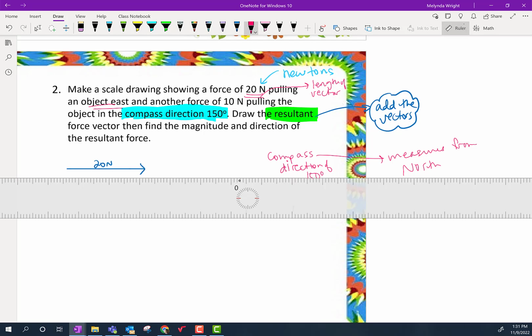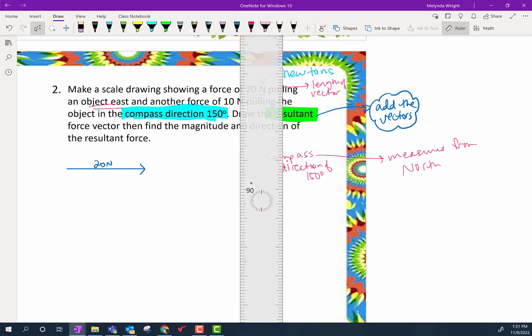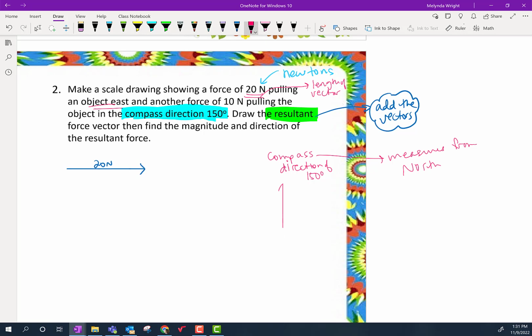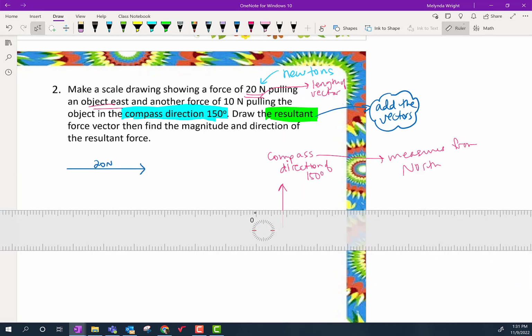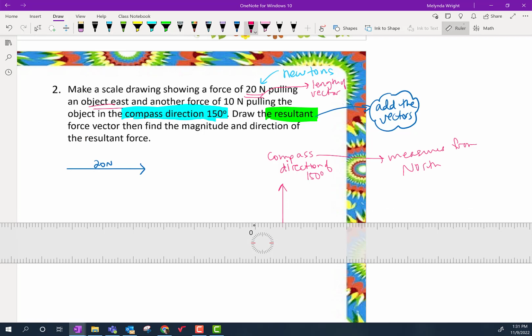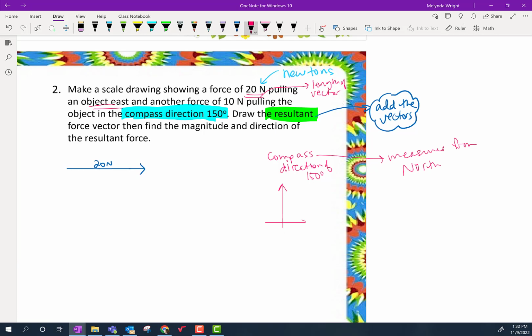So this is like a line right here. This is like our north line. And just so that we can get a feel for what we're doing, let's do like an east-west line, if you will. So if we want to go 150 degrees, and we know we have to measure from the north line, we're going to start our angle measure right here at the north line, and we're going to rotate.